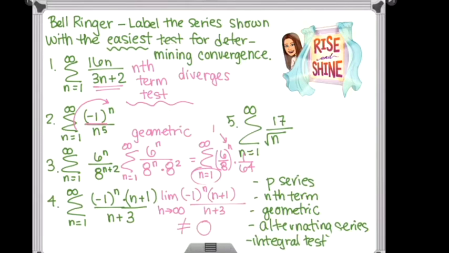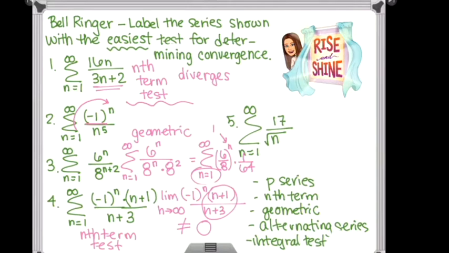Because if you look at this part, the n plus 1 over the n plus 3, the limit of that as n approaches infinity would equal 1. I don't care if the signs alternate, the terms are going to alternate between close to 1 and close to -1, close to 1, close to -1. Those terms are not going to get closer and closer to 0. So this guy is going to diverge by the nth term test.